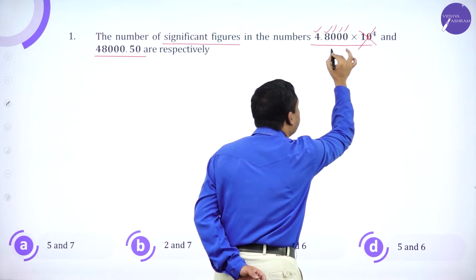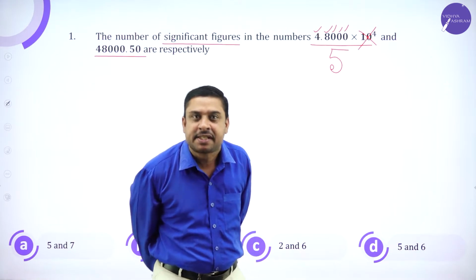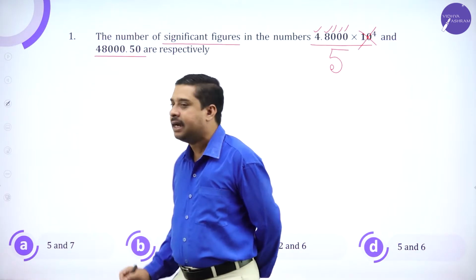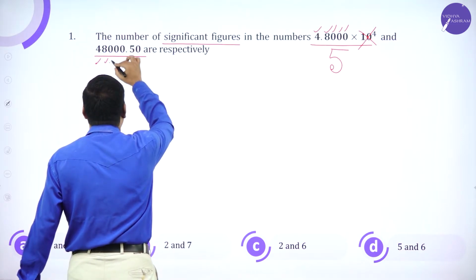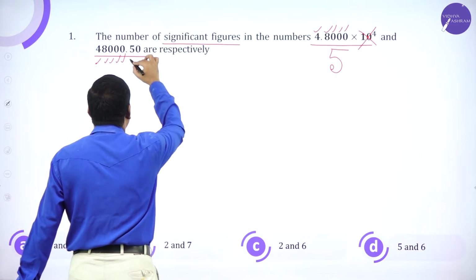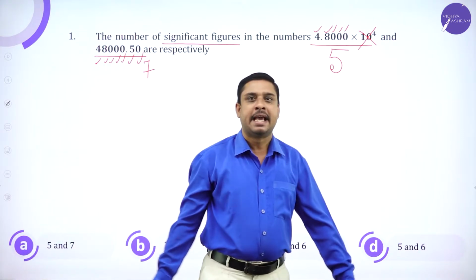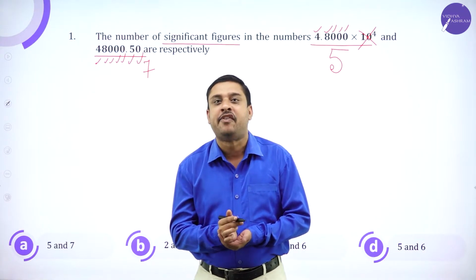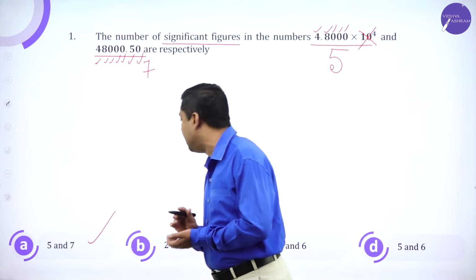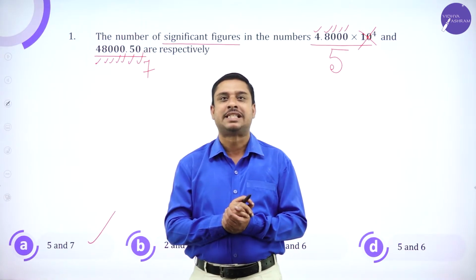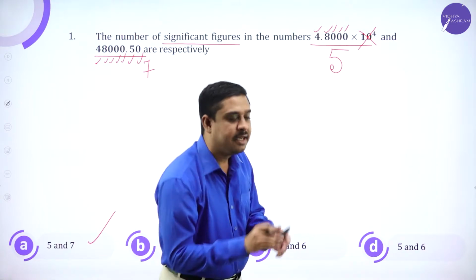So there are 5 significant digits in the first number. And again here, 1, 2, 3, 4, 5, 6, 7. So the number of significant digits is 5 and 7. So the option which is correct is the first one, 5 and 7.